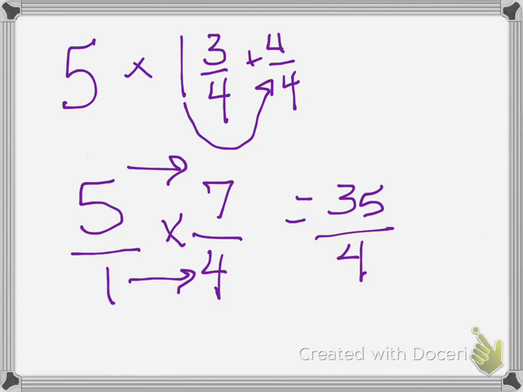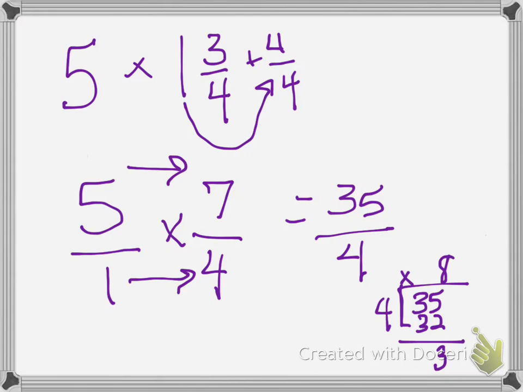To simplify my fraction, I'm going to take 35 and divide it by the number 4. 4 times 8 gives me 32. When I subtract, I'm going to get 5 ones take away 2 ones leaves me with 3 ones. 3 tens take away 3 tens leaves me with 0 in that 10 spot.